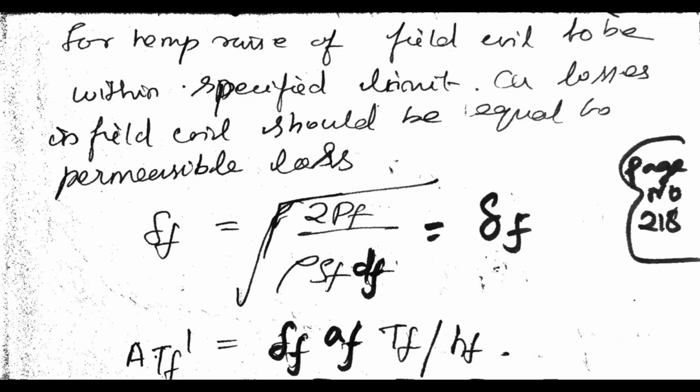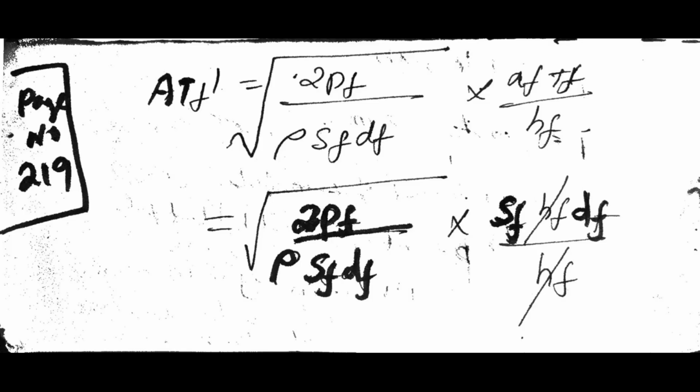For the temperature rise of the field coil to be within the specified limit, copper losses in the field coil should be equal to the permissible loss. Delta F is equal to the root of 2 PF divided by rho SF DF. ATF dash is equal to delta F AF TF divided by HF. ATF dash is equal to the root of 2 PF divided by rho SF DF into AF TF divided by HF.